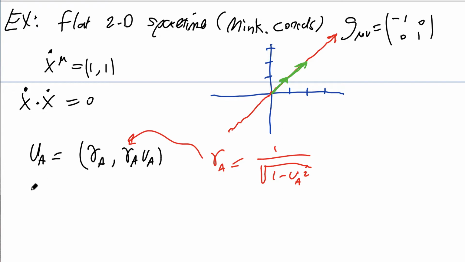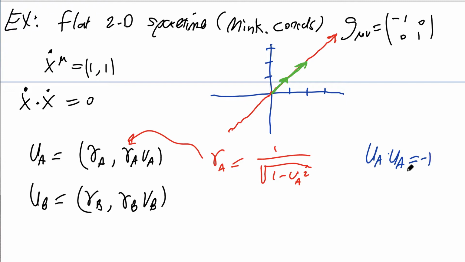And we'll take our observer B to have four-velocity gamma B, comma, gamma B VB. And you can of course check that these are both normalized. So UA dot UA is minus 1, UB dot UB is minus 1.